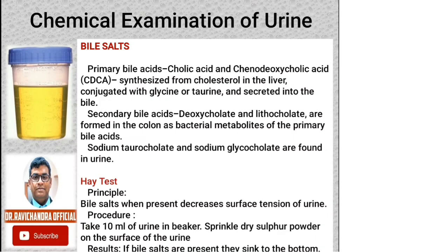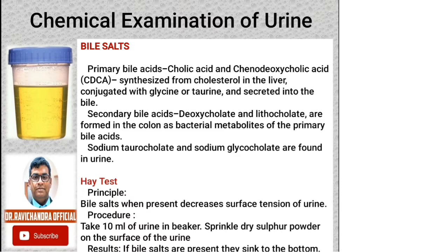So, bile salts. What are bile salts? Before knowing bile salts, what are bile acids? Mainly the primary bile acids are cholic acid and chenodeoxycholic acid, which are synthesized from cholesterol in the liver.